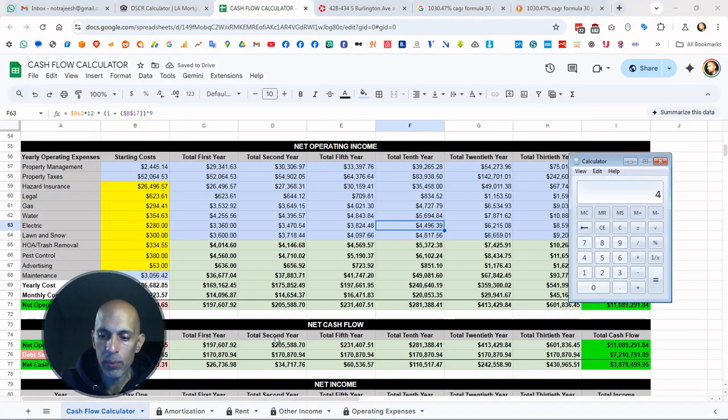Electric is showing 4,496.39 divided by 12, 374.70.